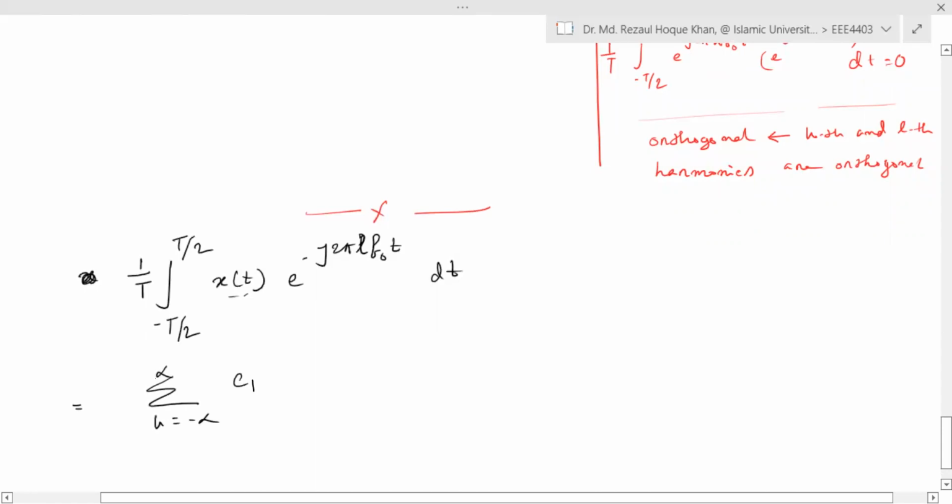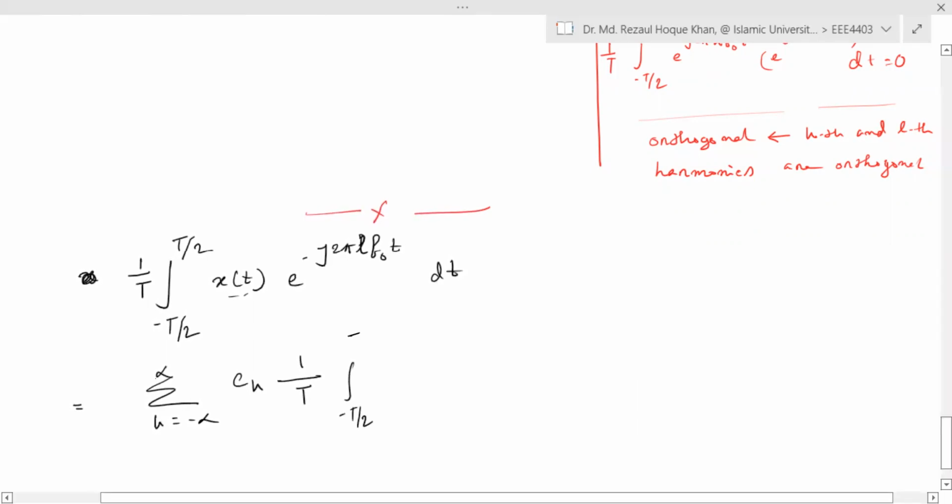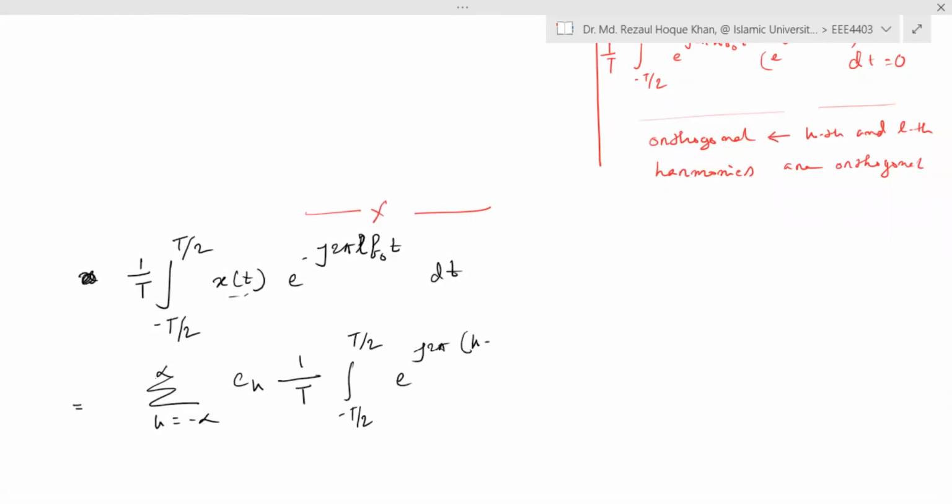At the beginning, when we were solving this equation, we wrote it by this equation. So I'm writing it again: minus T by 2 to T by 2, for one period, e to the power j 2 pi k minus L omega 0 t dt. Here we know the value.